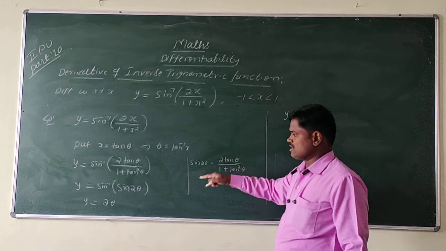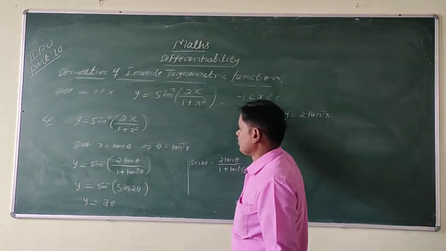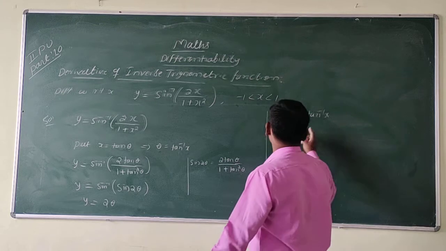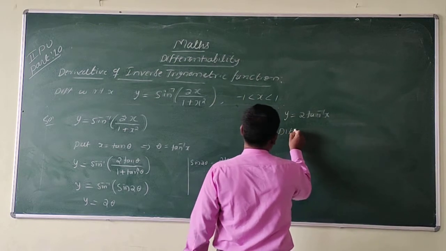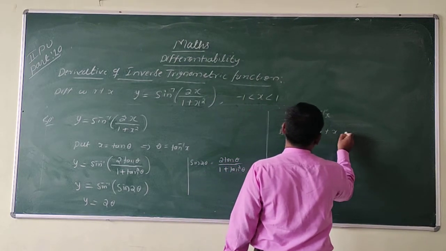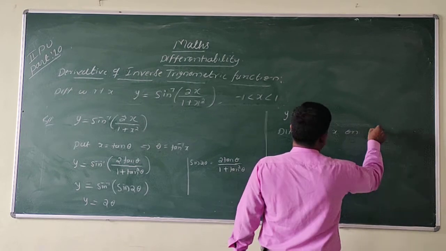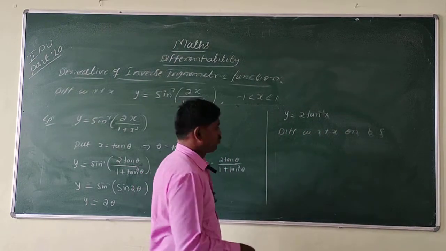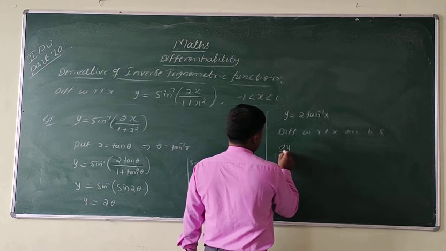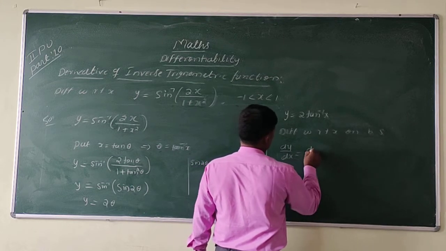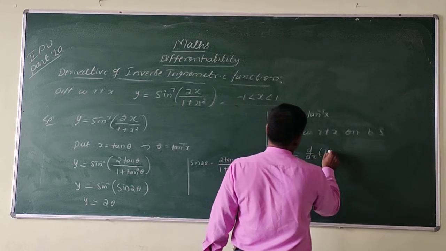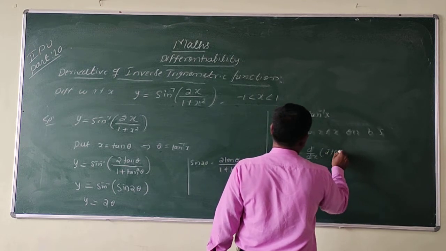This is satisfied due to the given interval only. So now differentiate with respect to x on both sides. Therefore, dy by dx is equal to dy by dx of 2 into tan inverse of x.